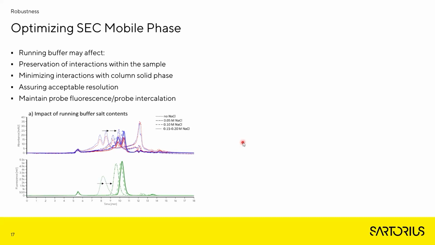So in this example, you can see how the concentration of the salt in the running buffer impacts the resolution of the method. It is expected that increasing salt concentration reduces the interaction between the sample and the chromatographic column solid phase, and increasing resolution with increasing salt is expected.